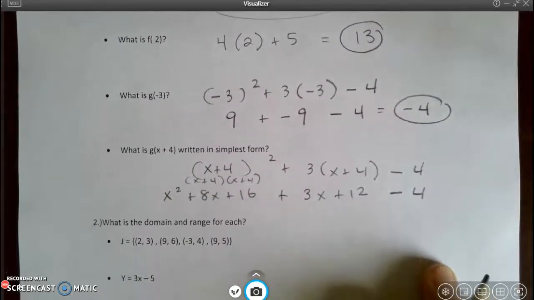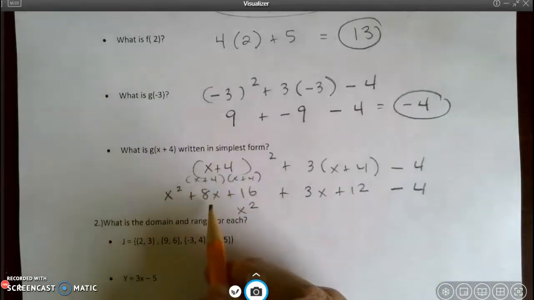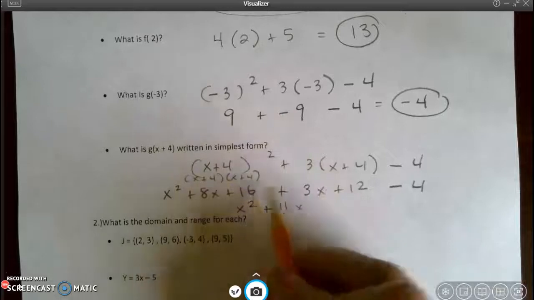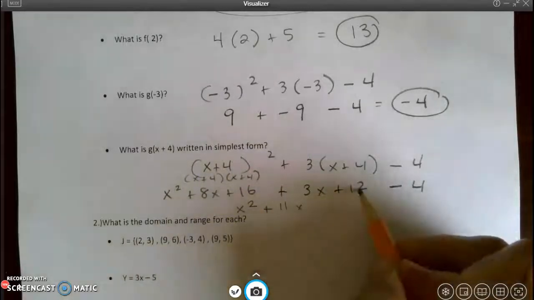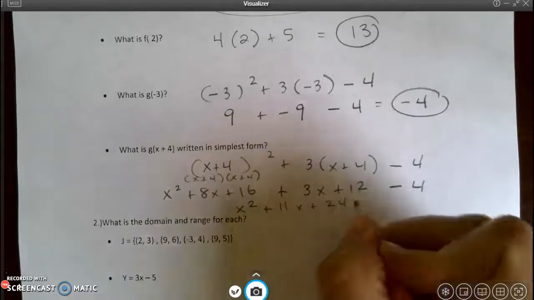Then I'm just simply going to combine like terms. x squared, 8x and 3x is 11x, 16 and 12 is 28, minus 4 is 24.